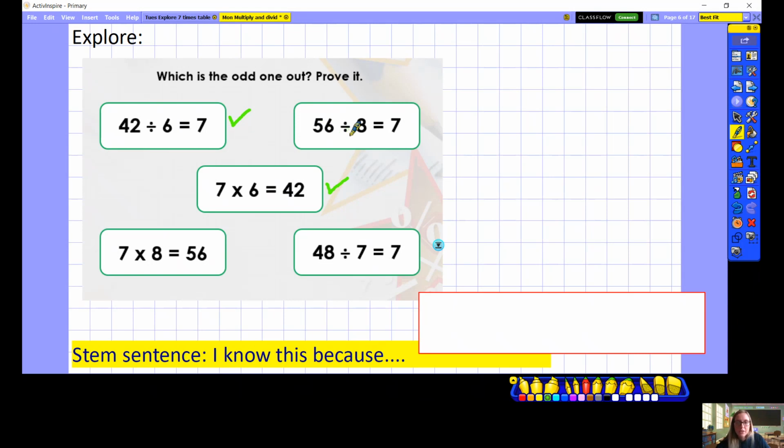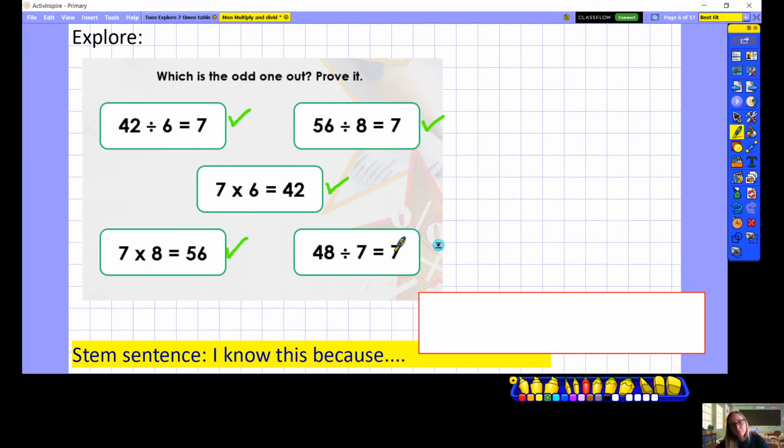And this one here, 56 divided by 8 equals 7. So I do know that 8 groups of 7 equal 56 because I've already practiced counting 8 groups of 7 right at the start of this lesson. So I know that that one is also correct. And here is the inverse of that question. So 7 times 8 equals 56, or 8 groups of 7 equals 56. So that one's correct.